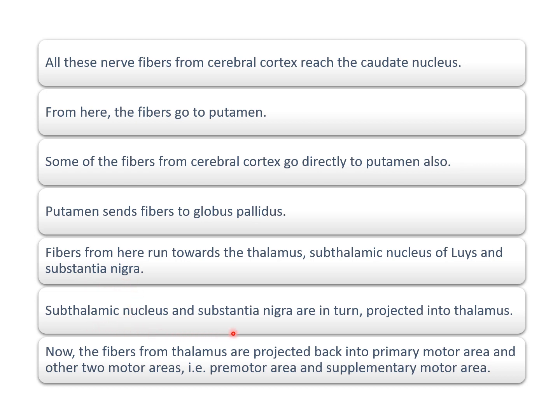Subthalamic nucleus and substantia nigra are in turn projected into the thalamus. Now the fibers from the thalamus are projected back into the primary motor area. The other two motor areas are the premotor area and supplementary motor area, and these form the neuronal circuit of basal ganglia.